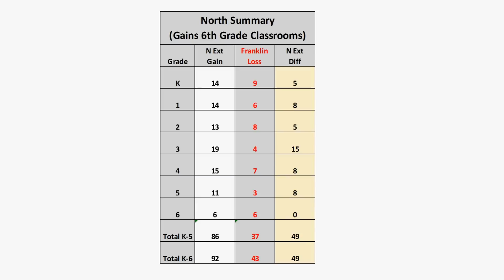The North gain summary shows that the 92 students gained from this North extended scenario, taking out the 43 students lost from Franklin Choice, would give North a net gain of 49 students. That actually is a number that fits very well with North, because with that number of students, North would be guaranteed to have 2 classes per grade level each year, and therefore not have to have splits.